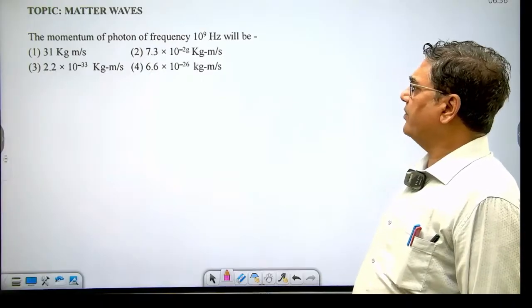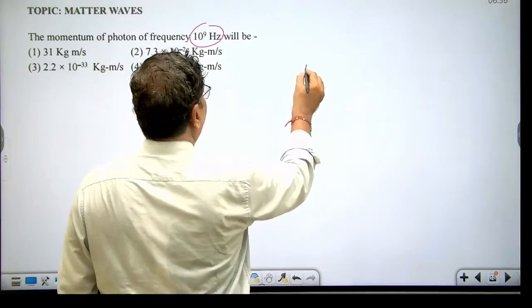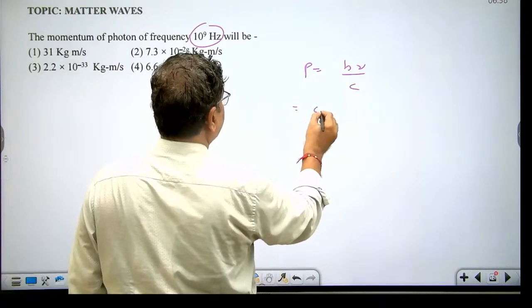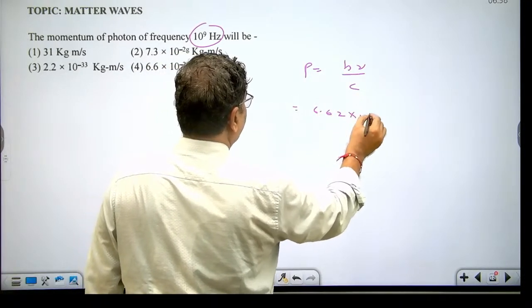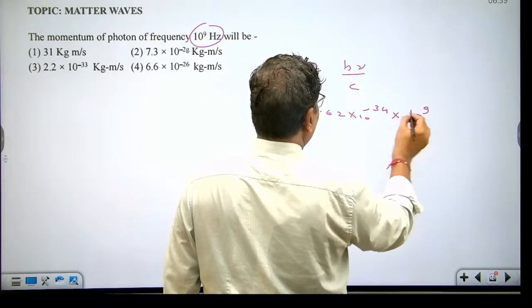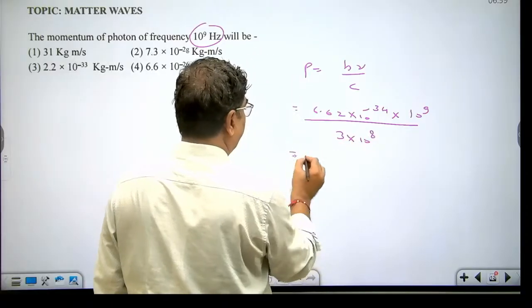The momentum of a photon of frequency 10 power 9 hertz will be: momentum equals h nu upon c. So we can write 6.62 into 10 power minus 34 into 10 power 9 upon 3 into 10 power 8.